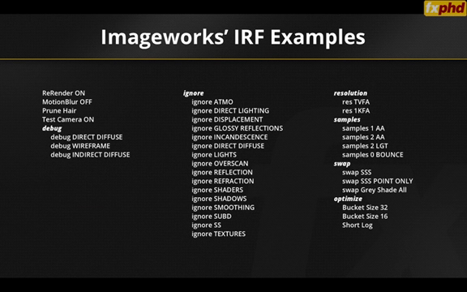Also, we could do things like optimize, so we can say our bucket size we want to drop from, say, 64 down to 32 or 16. So a whole bunch of things, and there may be things that you, in your production or whatever you're doing, find that you just want to use. For instance, you may say, I want times when I'm going to see all my model just as a white shaded object, so you could go in and make that.